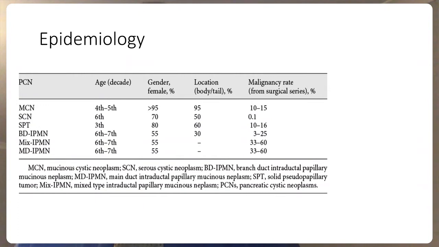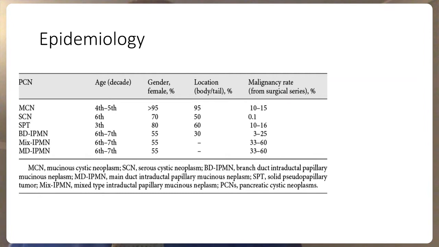They are women in their 6th decade of life, above the age of 50 at least. SPT is solid pseudopapillary tumor of the pancreas. That happens in women in the 3rd decade of life, in their 20s, early 30s. Perhaps 80% of them again are females.